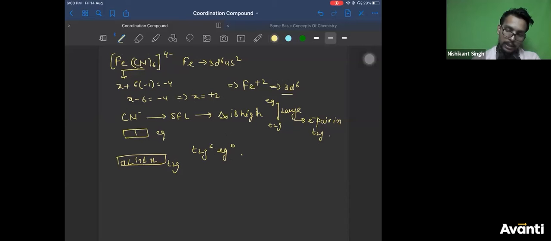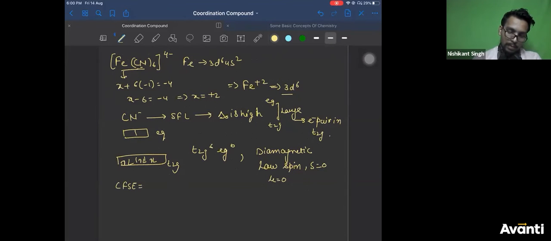Right? It's a diamagnetic complex, with no unpaired electron. Diamagnetic, low spin, because spin is 0. All electrons are paired. Magnetic moment is 0. Now find CFSE.